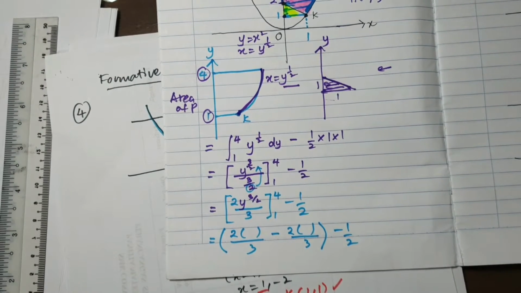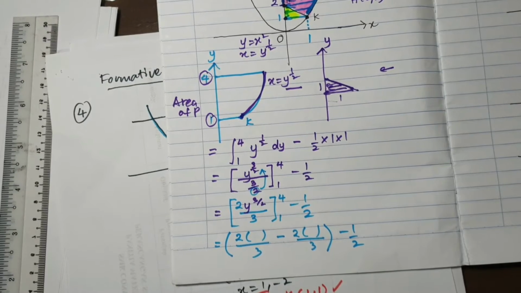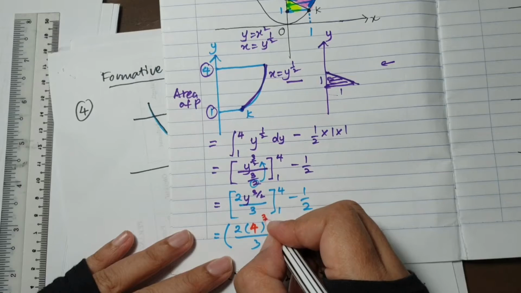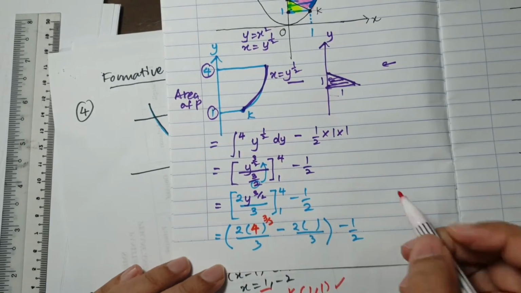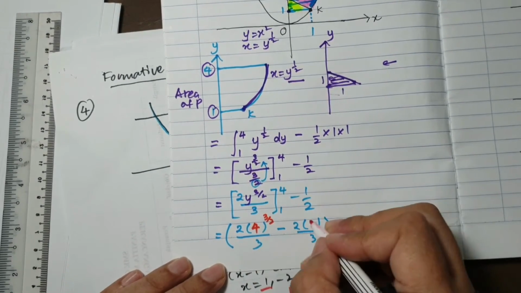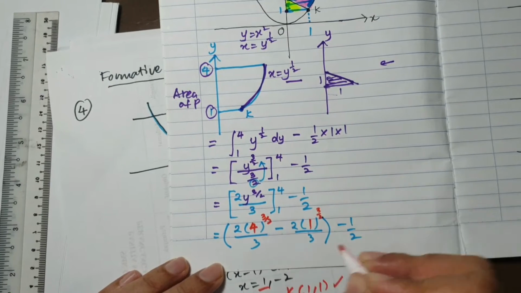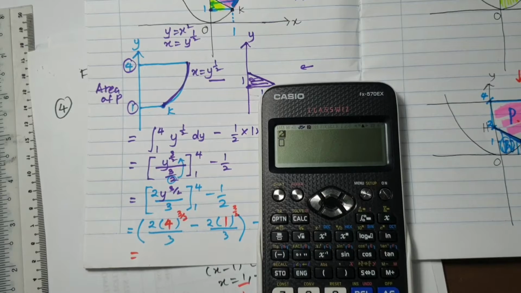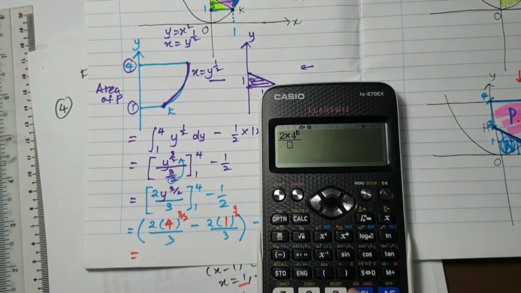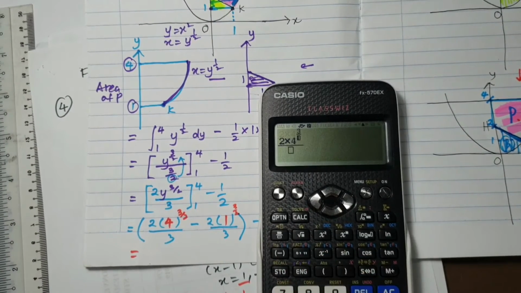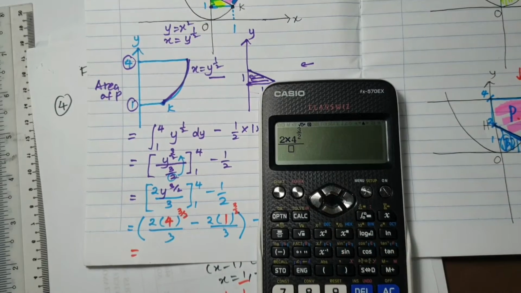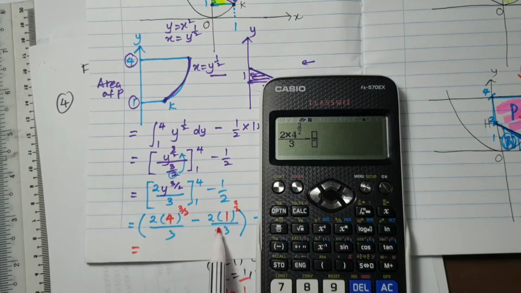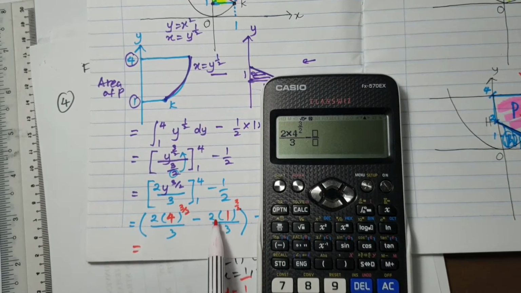Okay, put in first y as 4, power of 3 over 2, minus, then put in y as 1, power of 3 over 2. So this one, if you press your calculator, this button, because you have fraction, 2 times 4 power of 3 over 2 over 3 minus this one, 1 power of 3 over 2 is still 1. 1 times 2, 2 over 3.